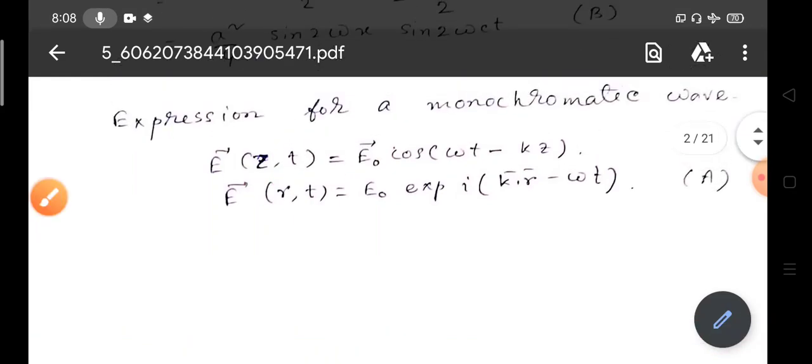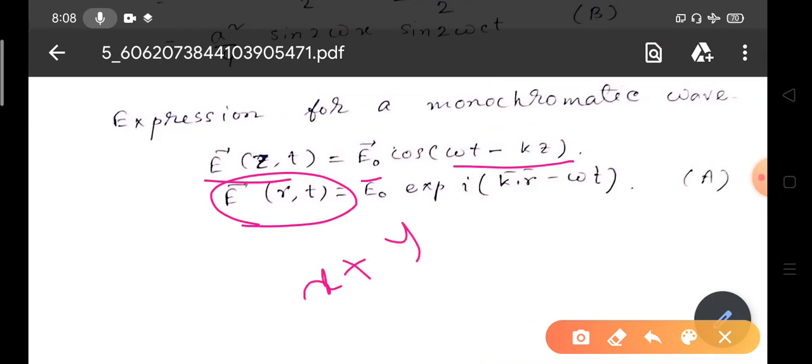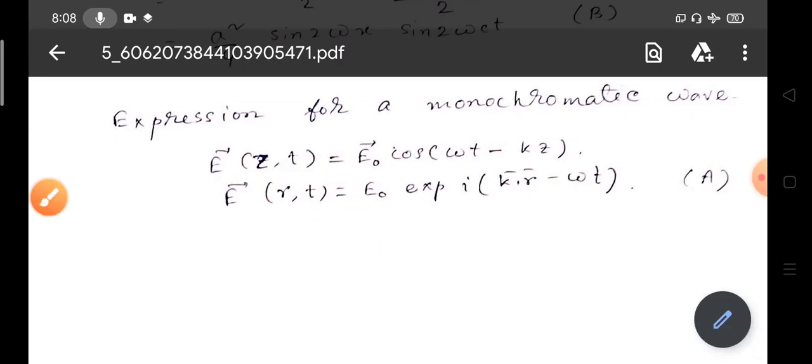We can write the electric field for the electromagnetic wave as E naught cos(ωt minus kz), or in general, E can be along x, along y, along z, or combinations like x plus y or y plus z, depending on the direction of propagation.